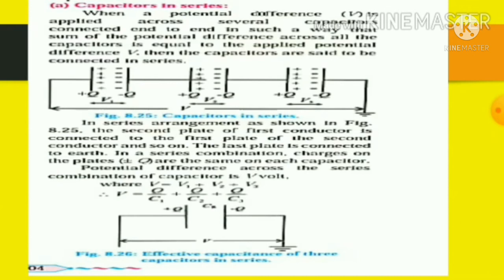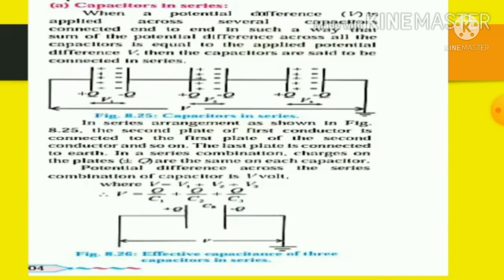The above explanation of the series combination of capacitors is shown by the following diagram, and the equivalent capacity of the series combination can be found with the help of the following figure, 8.26, the effective capacitance of series capacitors.